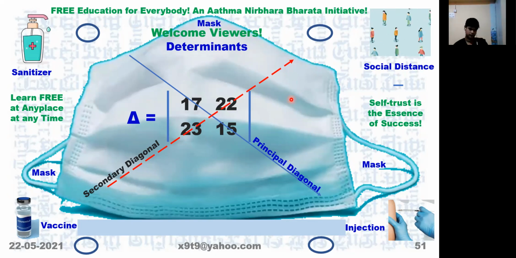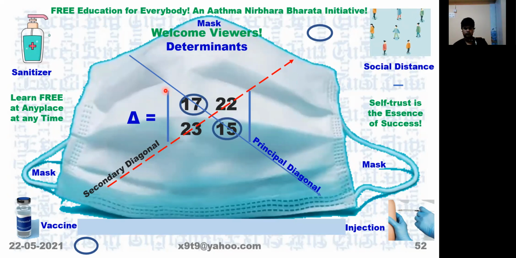Now, the numbers which are on the principal diagonal are called principal diagonal elements. You can note that down. They are called principal diagonal elements because they lie on the principal diagonal.